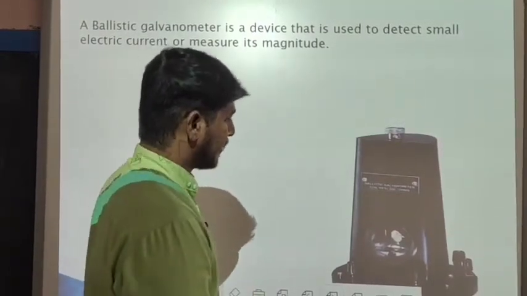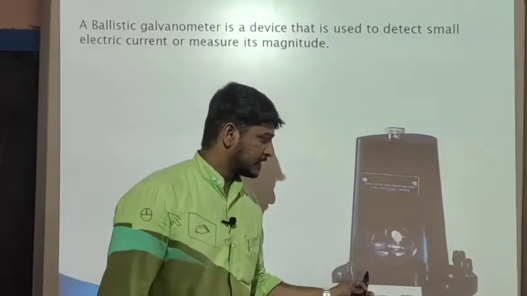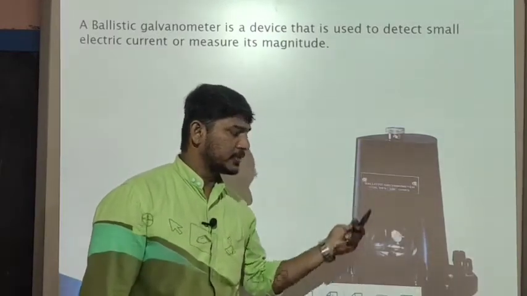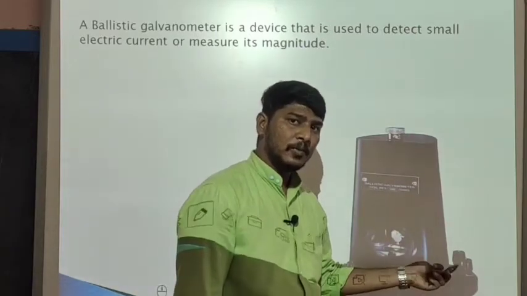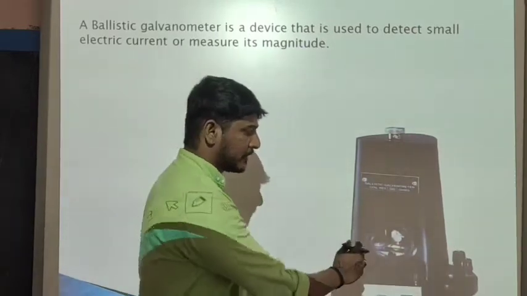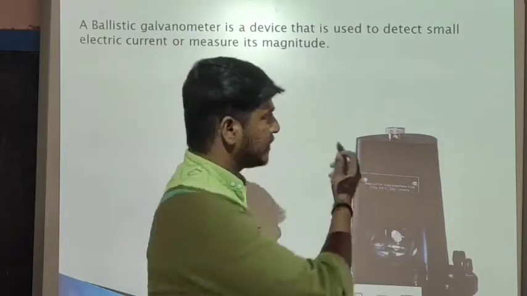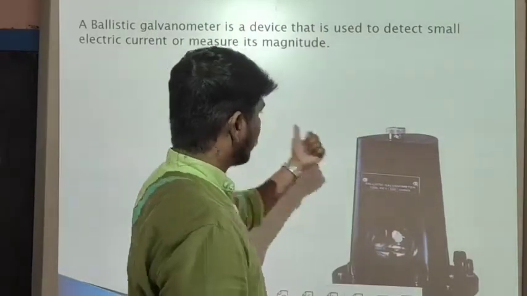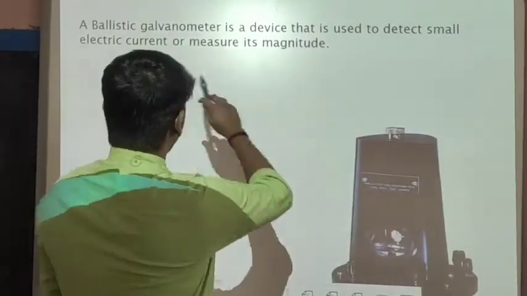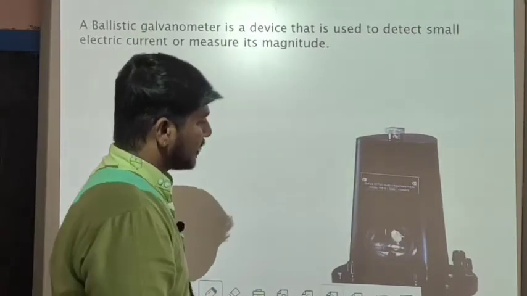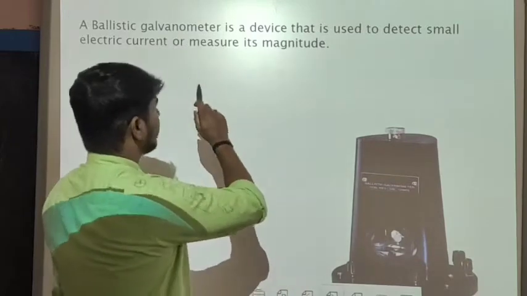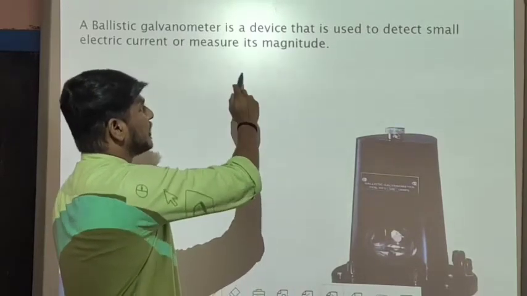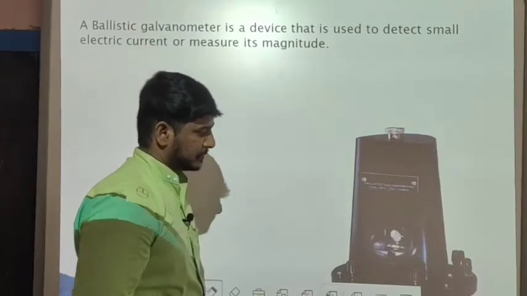Here you can see this is the ballistic galvanometer device, which is used to measure small amounts of current or the magnitude of currents. Here you can see the definition of the ballistic galvanometer. A ballistic galvanometer is a device that is used to detect small electric currents or measure their magnitude.